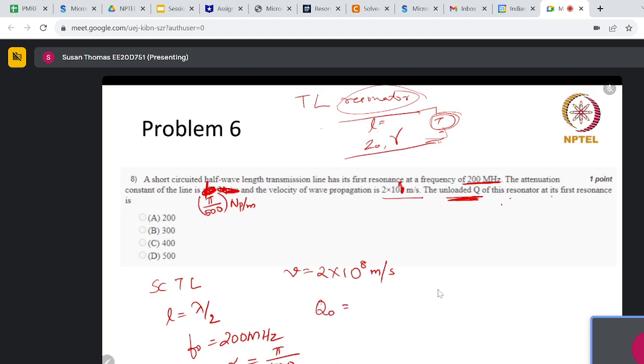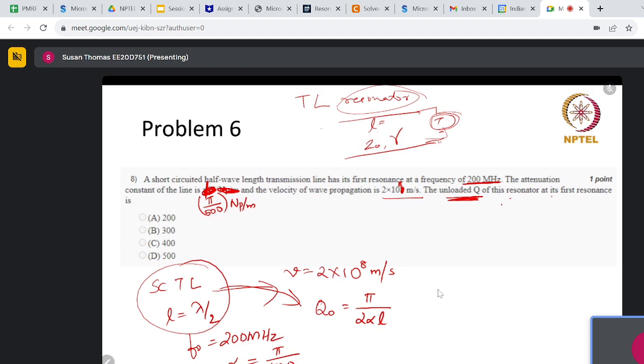How do we find Q naught? If you have gone through the video lectures, you might remember the expression for Q naught. Can you remember the expression? Pi by 2 alpha l. Yes, exactly. So it's pi by 2 alpha l. It's a short circuited line with l equal to lambda by 2, and this is the expression for the unloaded Q factor.